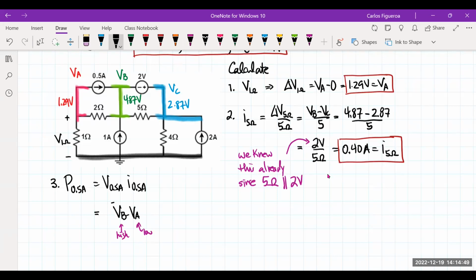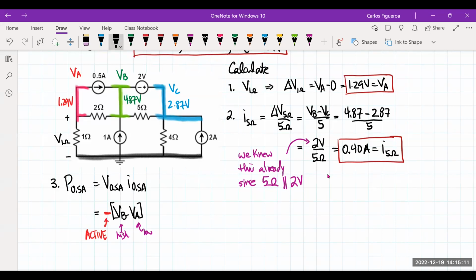So what really determines whether a source is active or passive is the direction of the current. Now look, this guy is going from low to high. Therefore, this guy is active.